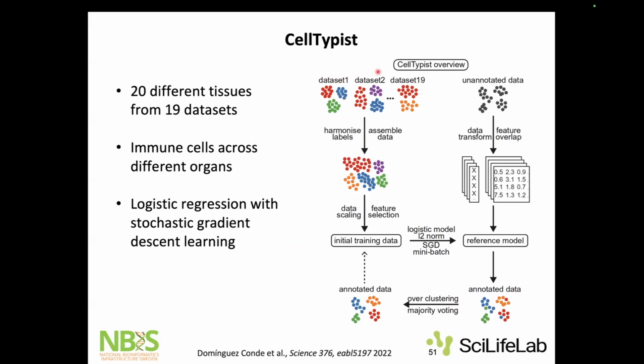What they described in the paper is that they combined and harmonized these data sets. They scaled the data based on what they wanted, and also did feature selection before the training.